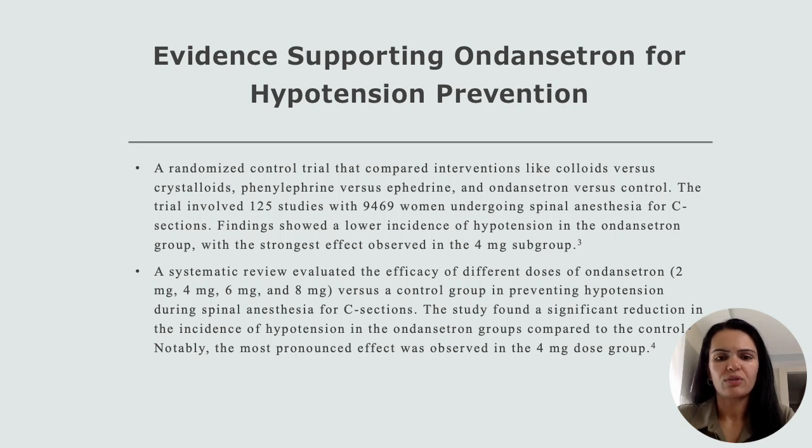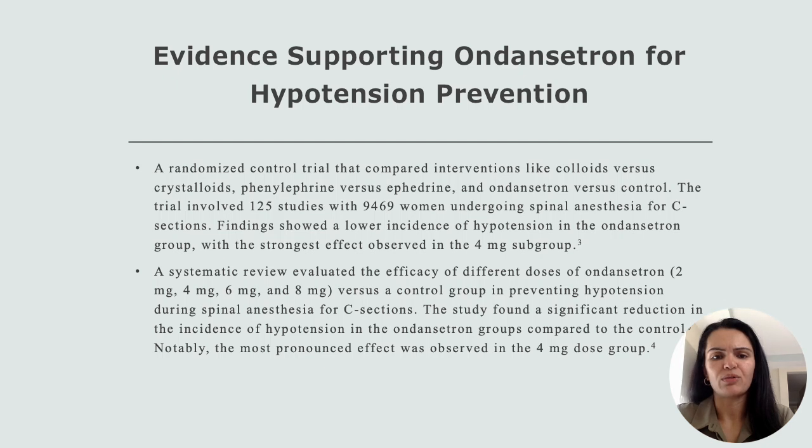This extensive trial involved 125 studies encompassing nearly 9,500 women undergoing spinal anesthesia for C-sections. The findings revealed a notably lower incidence of hypotension in the ondansetron group, with a stronger effect observed in those who received a 4 milligram dose.